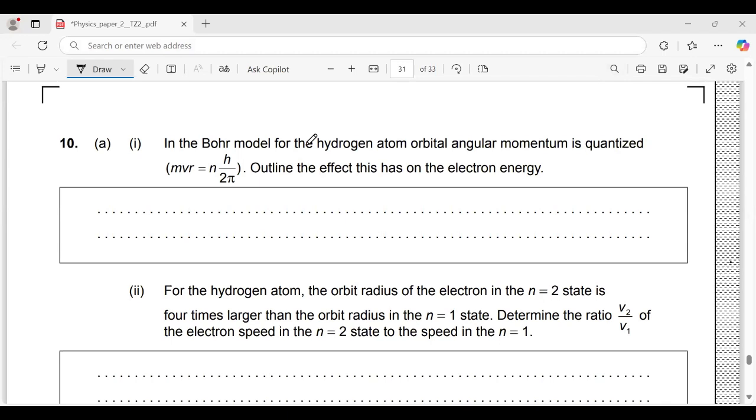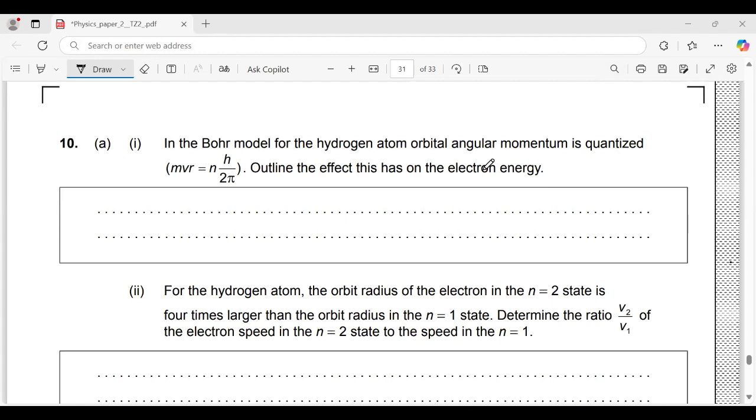Number 10. In the Bohr model for the hydrogen atom, orbital angular momentum is quantized. This formula, mvr equals n times h over 2 pi, outlines the effect this has on the electron energy.